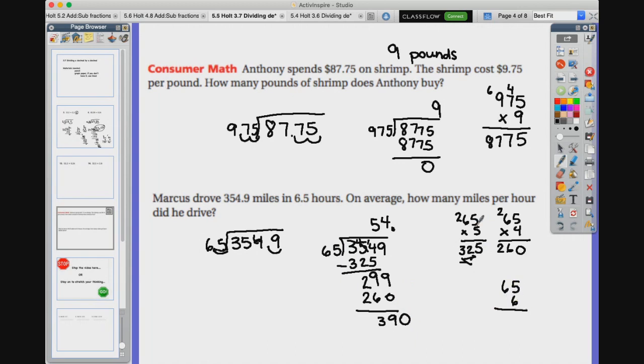You could also just add 65 onto that too. And you multiply. 36 plus 3 is 390. Oh, sweet. And oopsies, we're good to go. So that's going to be 6. So 54 and 6/10 is the average of how many miles per hour he drove.